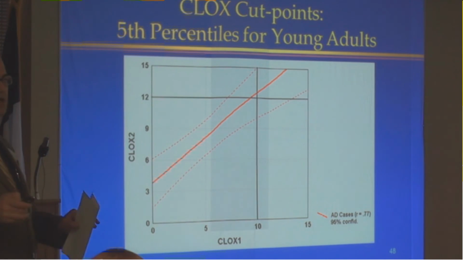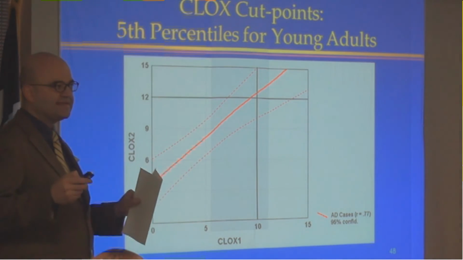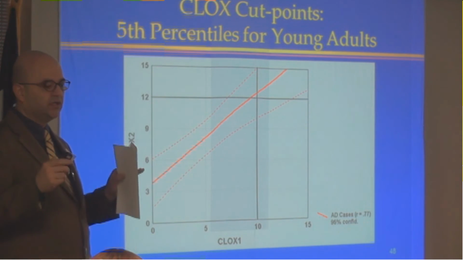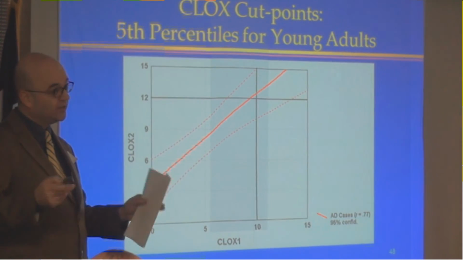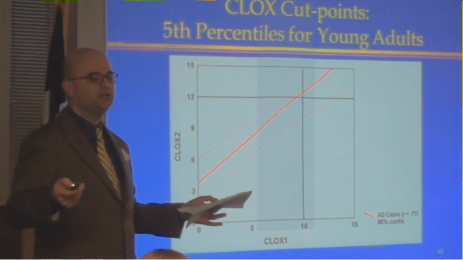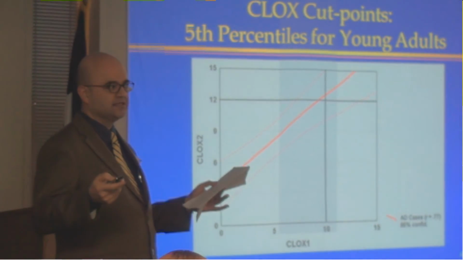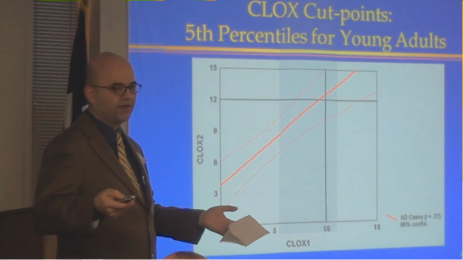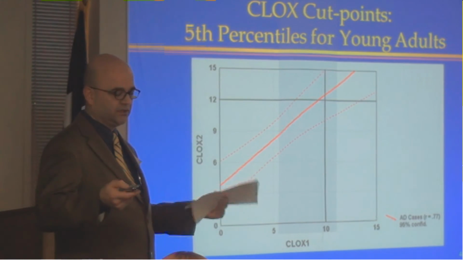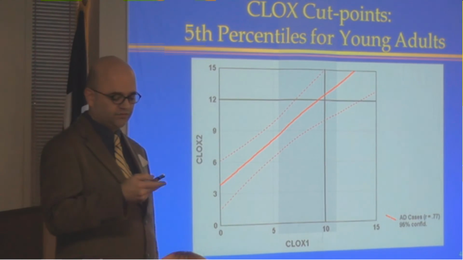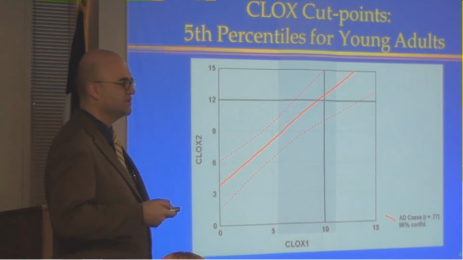That's why the clock cannot be taken as an only assessment tool to evaluate dementia. It's just a screening tool. So we can say the patient needs further evaluation, needs our referral, so we can make a diagnosis for this patient.